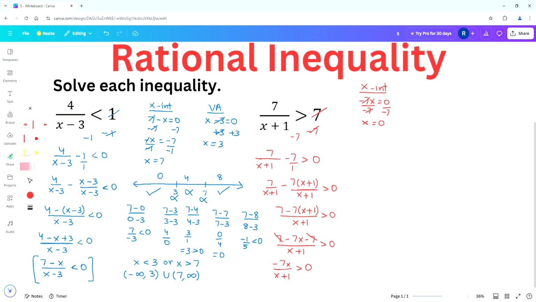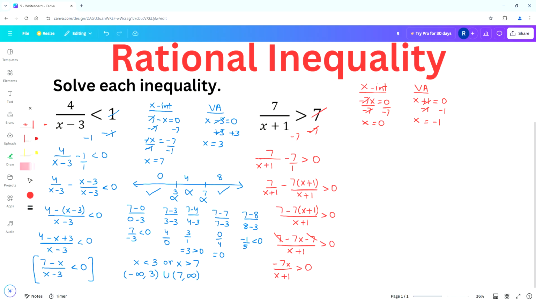Next, we can find the vertical asymptote. We should set the denominator expression equal to 0 and solve for x. I get x equals negative 1.